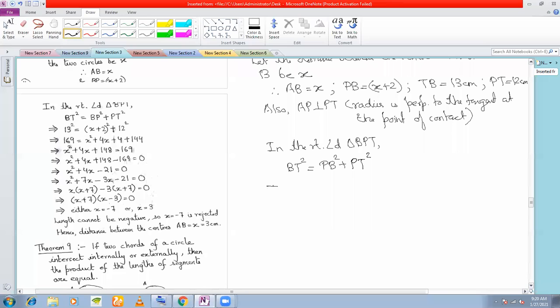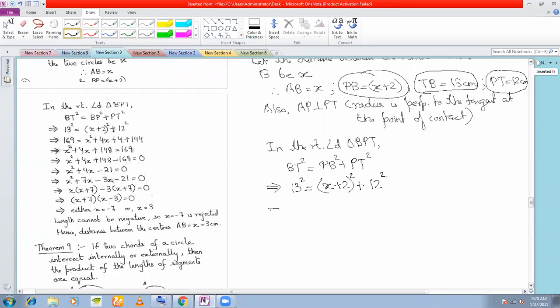Now you just put the values. BT or TB is 13 centimeters, right? 13 square is equal to PB. The length of PB here is x plus 2, and PT here is given to you as 12 centimeters.